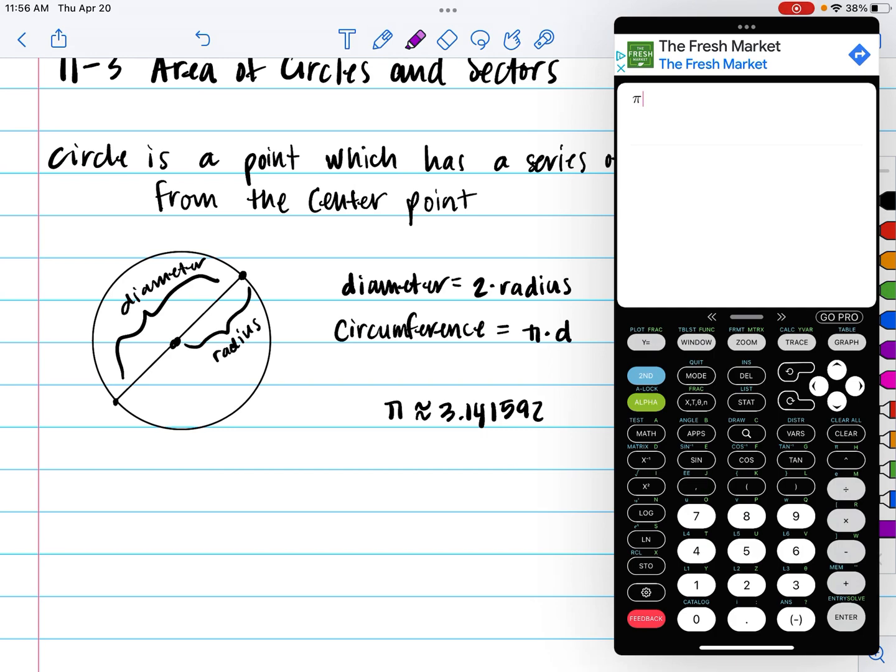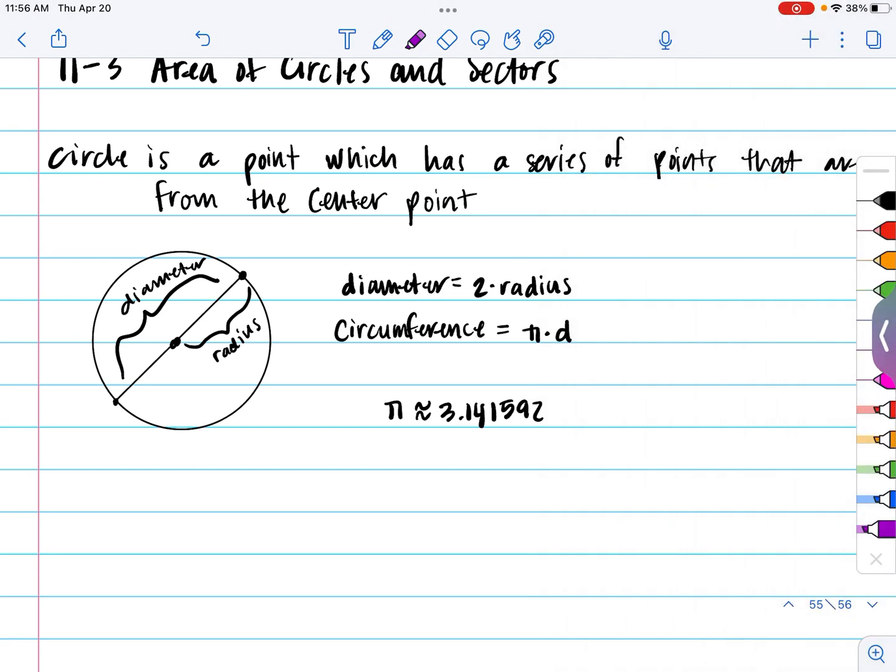So hit second, hit the up arrow, and pi shows up. And as you see, our pi is 3.1415926. This is an approximation. Okay, so it's better to just leave it as pi, especially if it's like area.